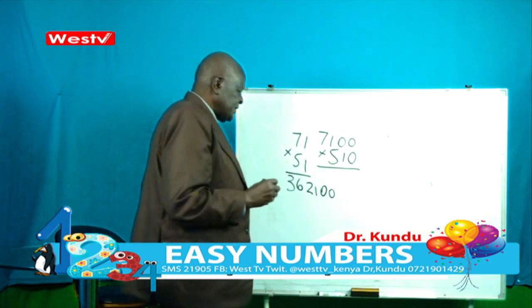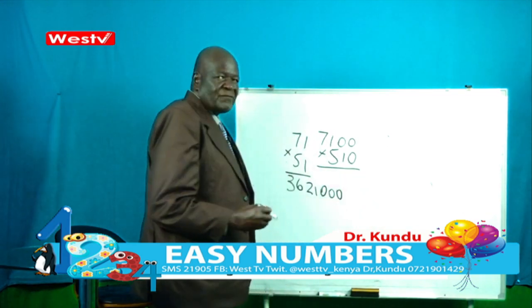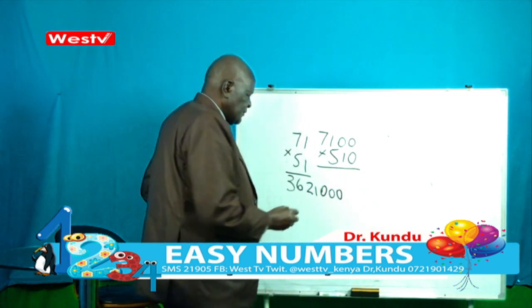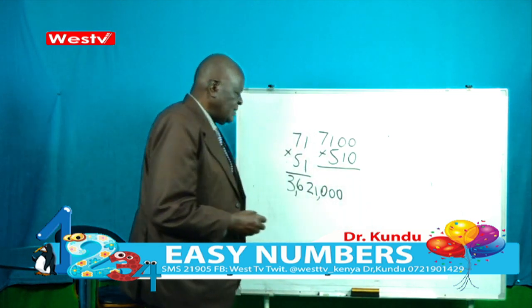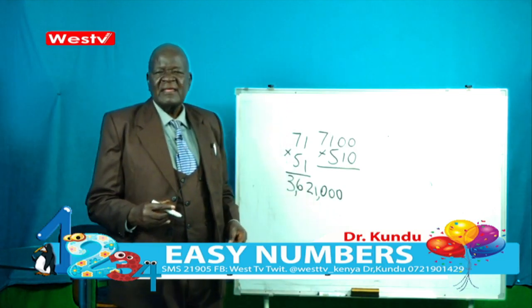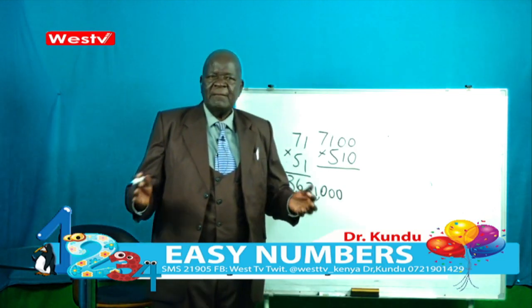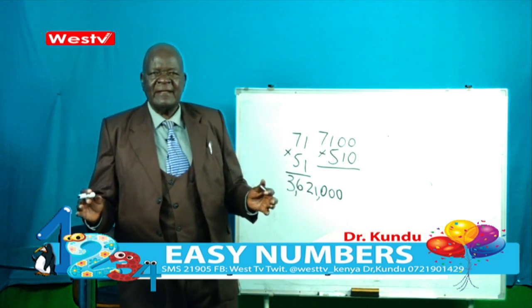It had 1 zero. Return the 1 zero, and that is your final answer. So the bicycle dealer in that year made 3,621,000. Mathematics is fun, mathematics is joy, mathematics is play.